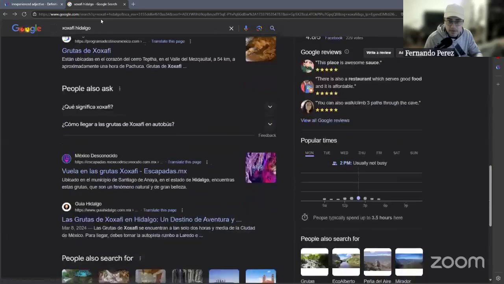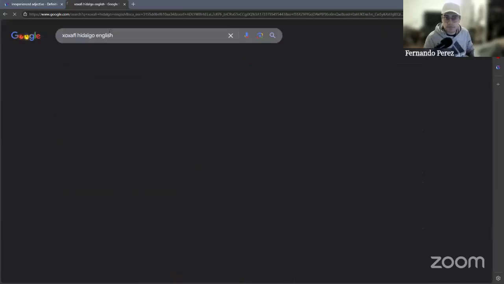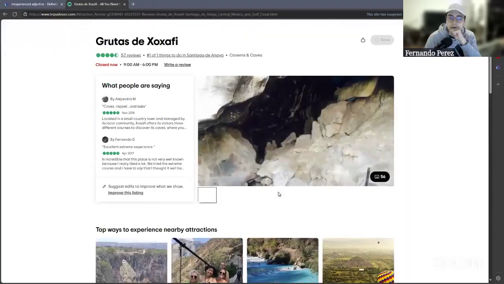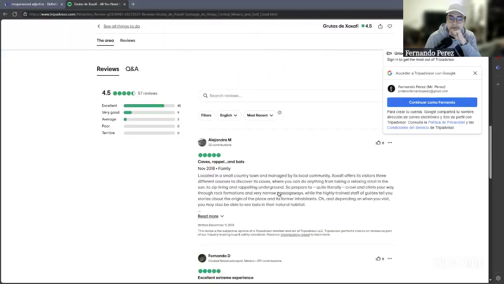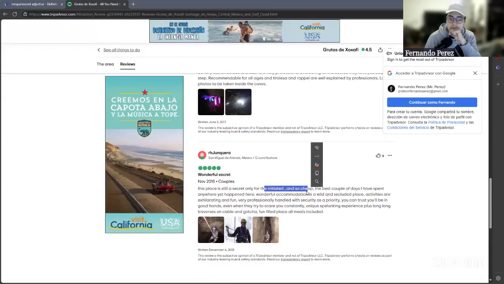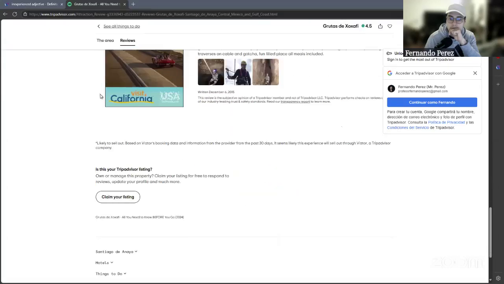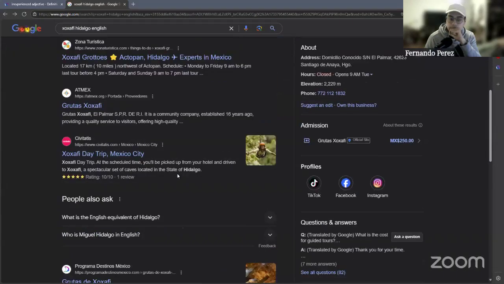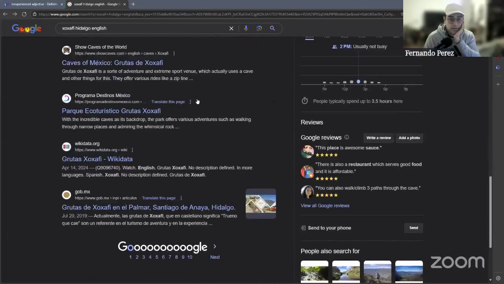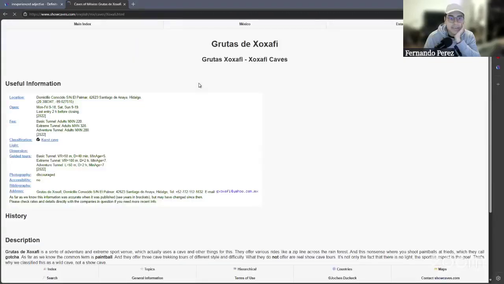TripAdvisor in English. Grot. Here there is another one that says grot. Oh, that's a difficult word. I have always had problems trying to find the word for grutas. So let's use the word caves for a moment, or cave complex.